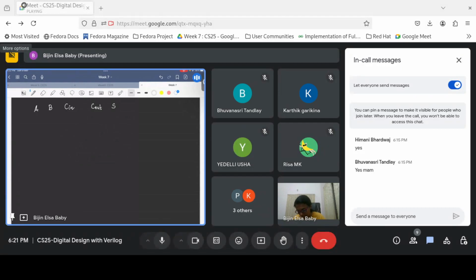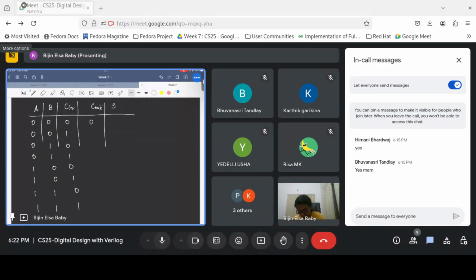So 3 single bit inputs and 2 outputs, carry out and sum. You have 8 combinations.